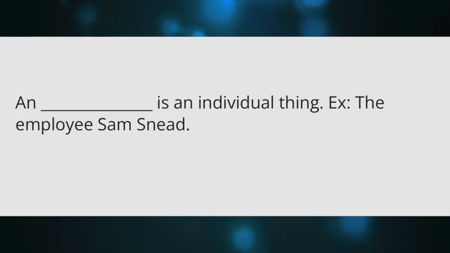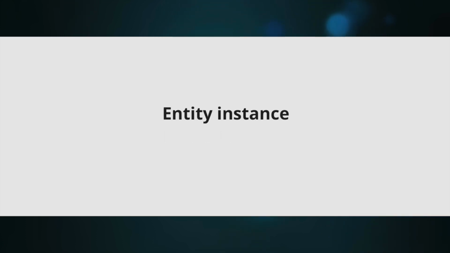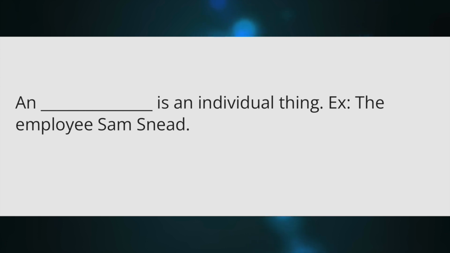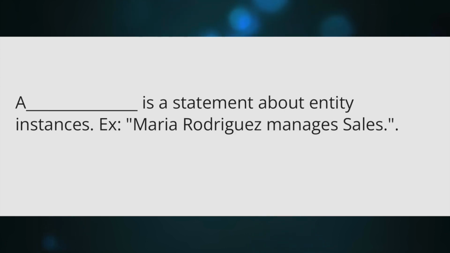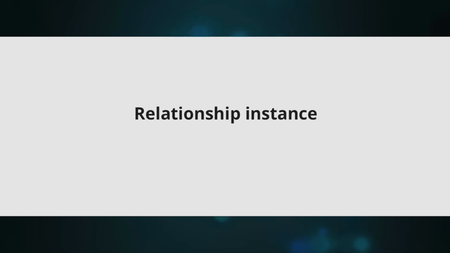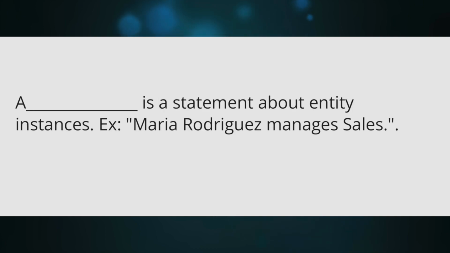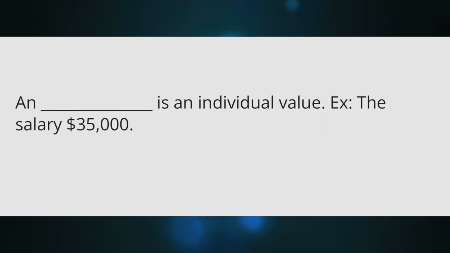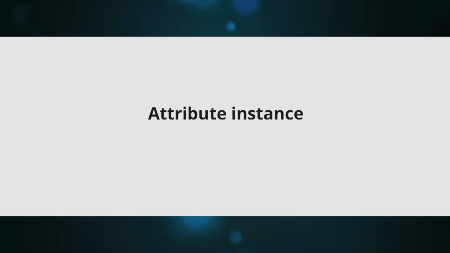A blank is an individual thing, the employee Sam Snead. An entity instance is an individual thing. Okay. A blank is a statement about entity instances. Example is Maria Rodriguez manages sales. Relationship instance. So there you go.